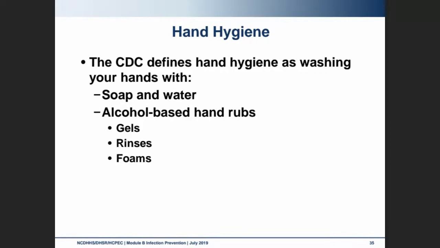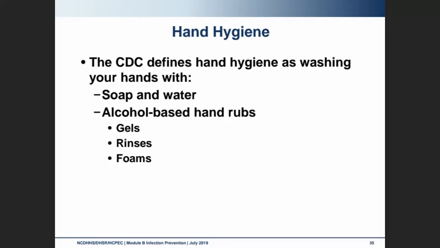We've mentioned several times already how important proper hand hygiene is. Hand hygiene is defined as washing hands with either soap and water or alcohol-based hand rubs. Washing hands with soap and water has probably been a lifelong habit for most people.